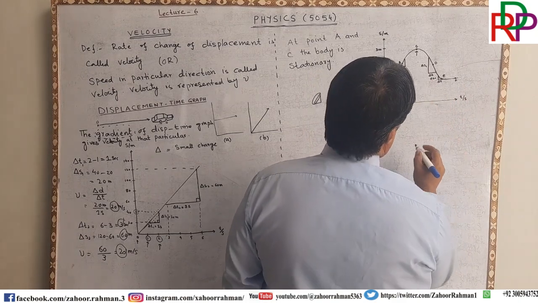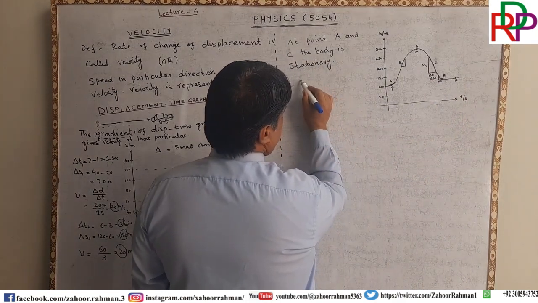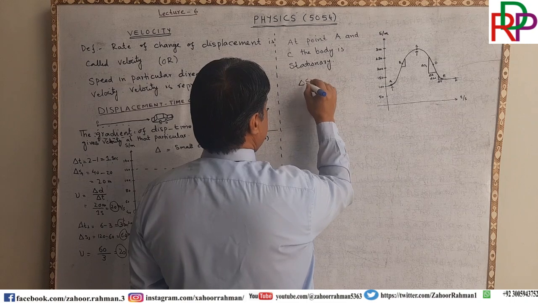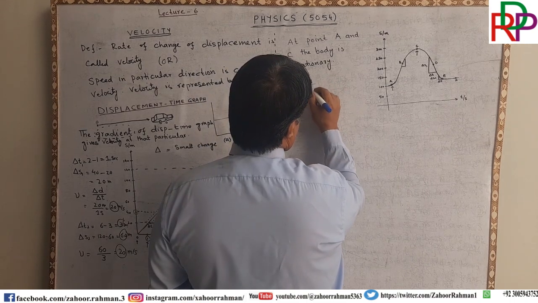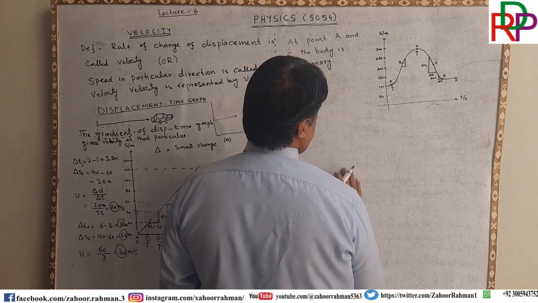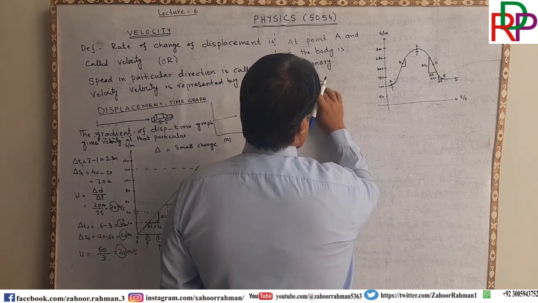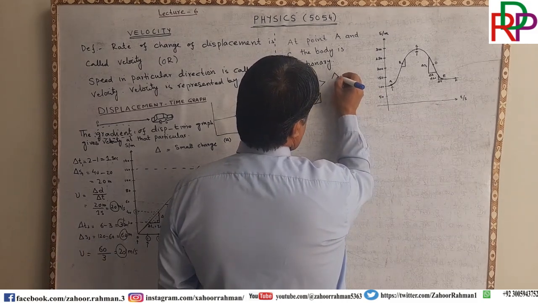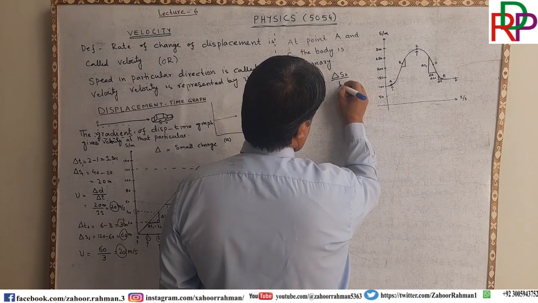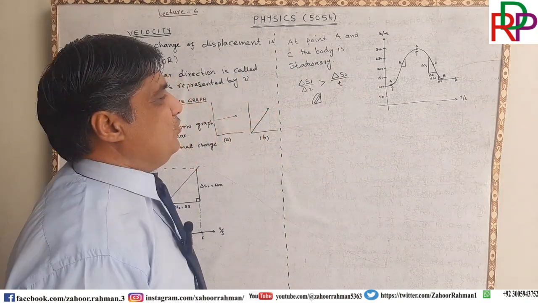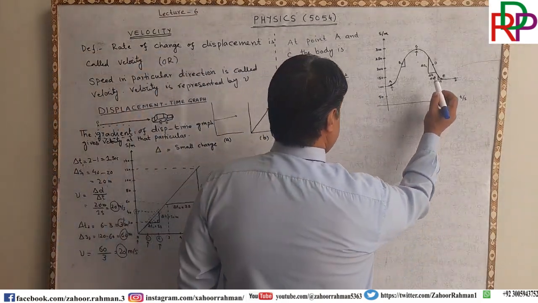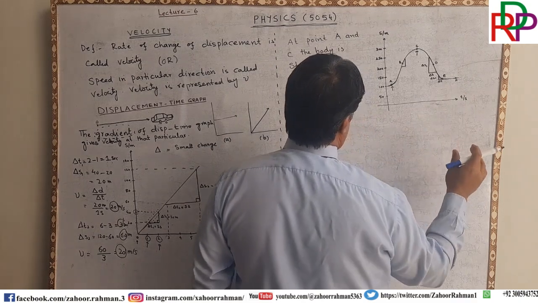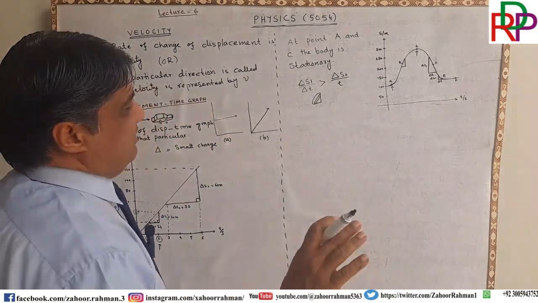Remember that delta S1 divided by delta T1 is greater than delta S2 divided by T, the same interval of time. I told you a few moments ago that if the size of the triangle is small, then the velocity is small, the change is small.